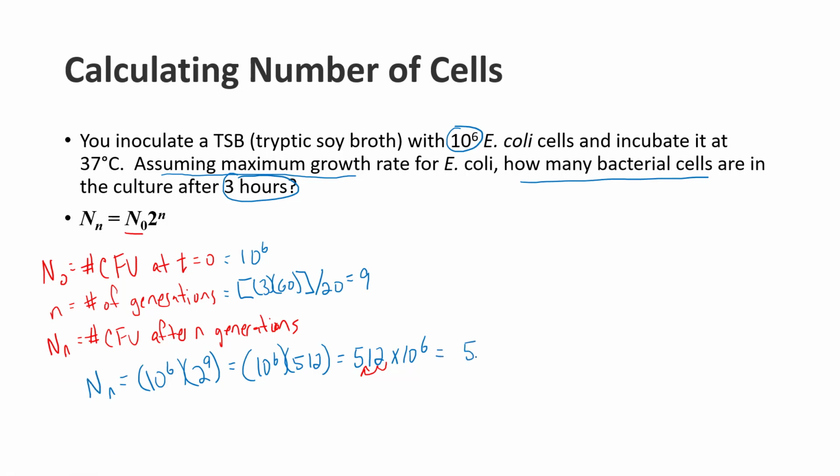So that would be 5.12 times 10. Now we moved the decimal 2 places to the left, so we would need to add 2 to our exponent of 6, so that would make it an exponent of 8. So 5.12 times 10 to the 8th, and of course don't forget our units. You would need to write either cells or CFUs, and this is the final answer.